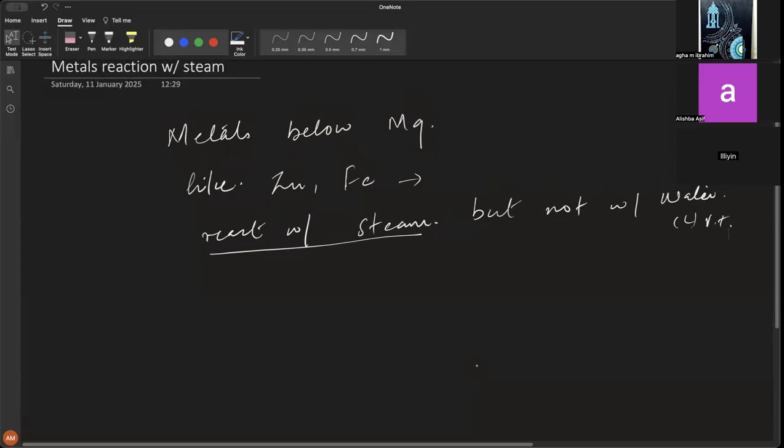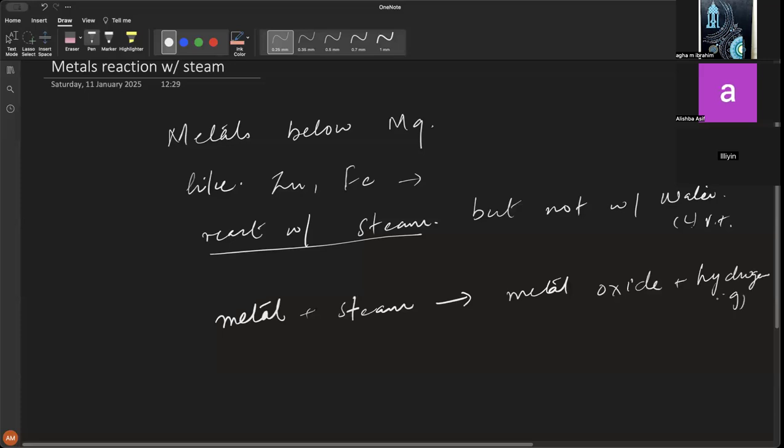So how does the experiment generally take place? Metal plus steam gives metal oxide plus hydrogen gas. Yes, all right.